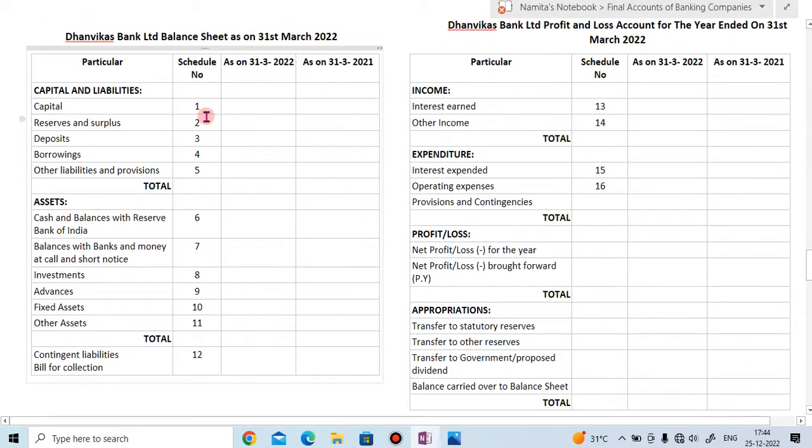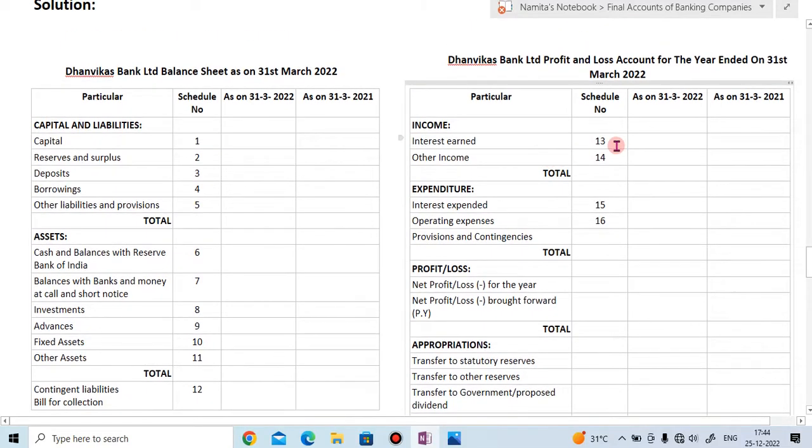Okay, so from 1 to 5 the schedules belong to liabilities, 6 to 11 the schedules belong to assets. Then in profit and loss account, schedules 13 and 14 belong to the income side, 15 and 16 belong to the expenditure side. Okay, and there is one separate contingent liability schedule, that is schedule number 12. It is separate from the balance sheet.